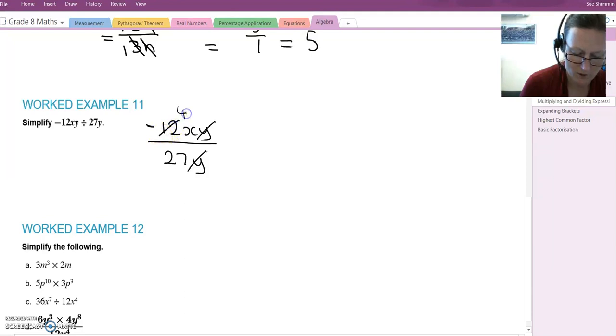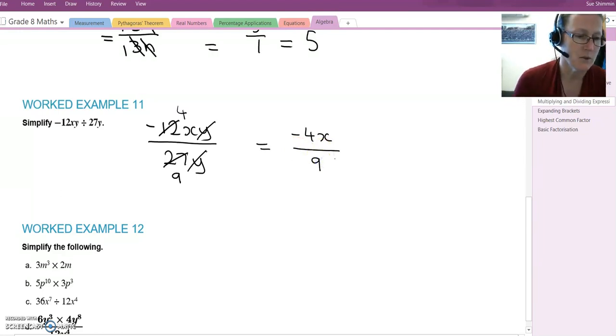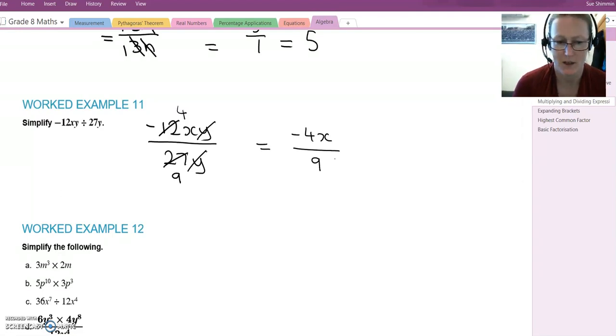It goes into 12 4 times, and it goes into 27 9 times. So let's write out what we've got. On the top we've got negative 4x, and on the bottom we have 9. We just double check to see if anything else cancels. Nothing else cancels, so that's our answer.